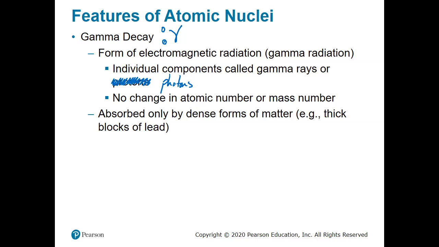If you're the radiological tech, you have to go into that little room behind all that concrete to make sure that you're not getting overexposed to the radiation. That's what it takes. So thick blocks of lead, large masses of concrete, that is what it takes to block gamma radiation.